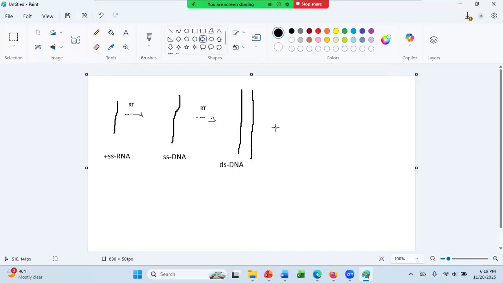It's a little small there. That's supposed to be an arrow. Maybe I can draw it.